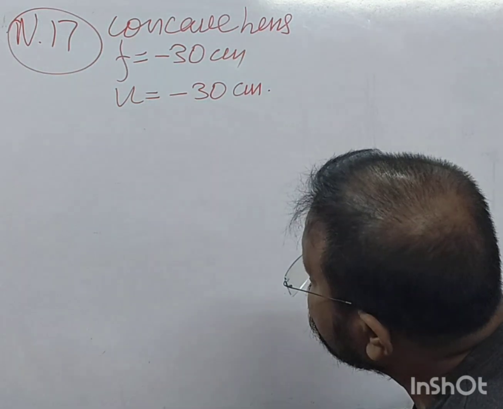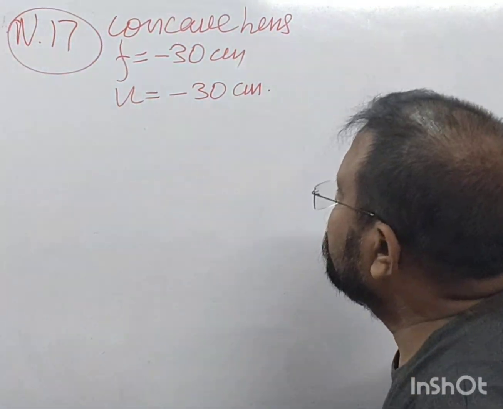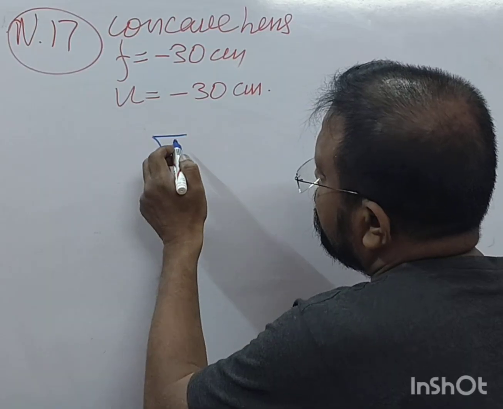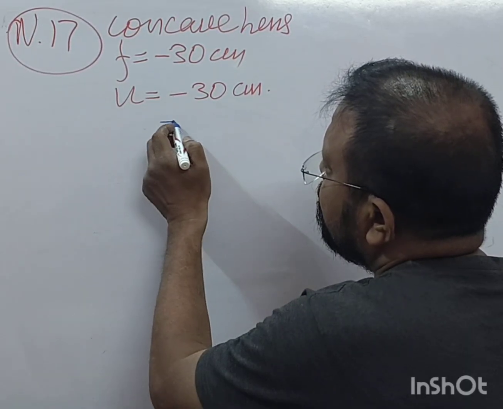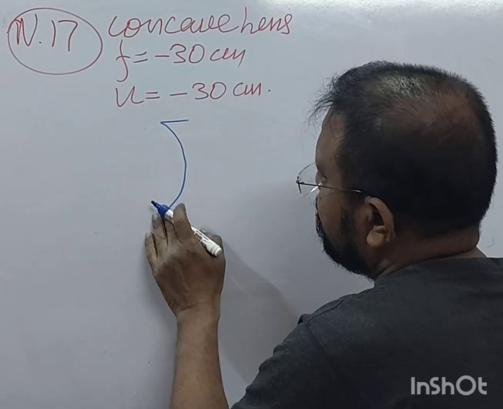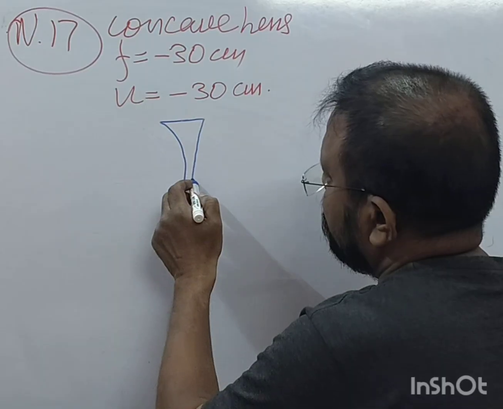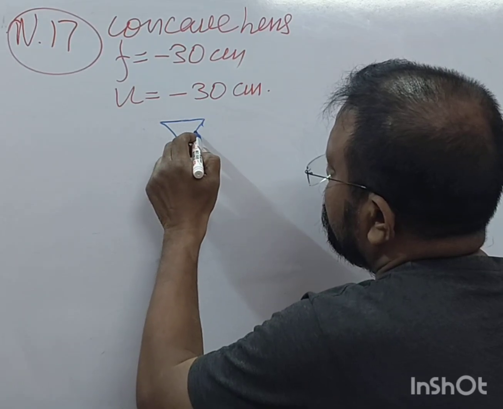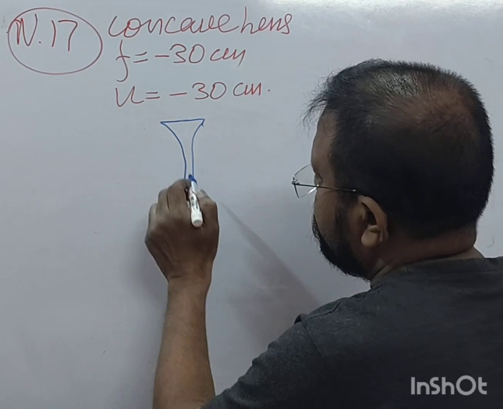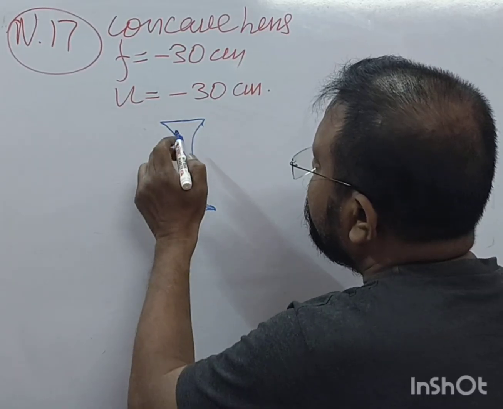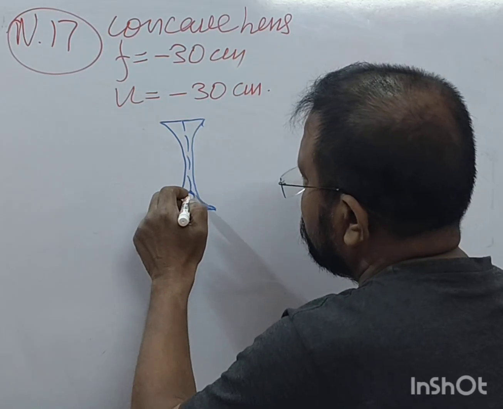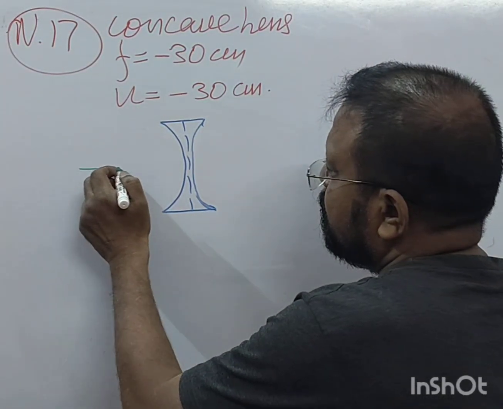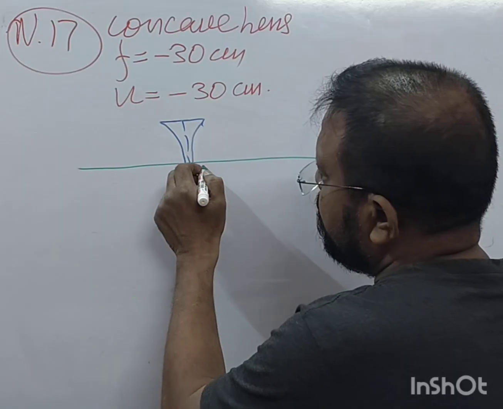If you draw a diagram like this, we have a concave lens. This is the optical center.